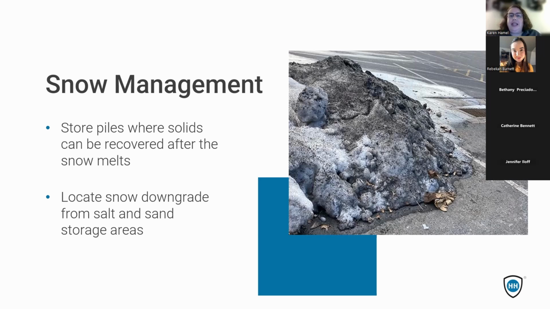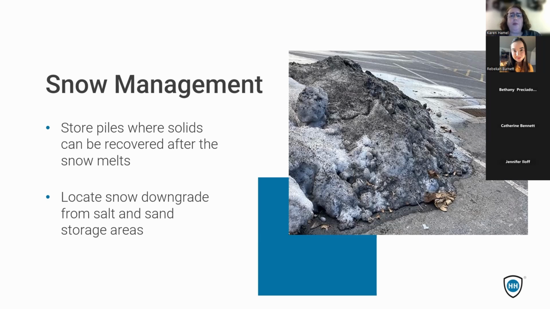In this case, the snow is probably going to melt. And then what are we going to do with all of that particulate that's there? Do we have a plan in place? Do we have a procedure to go out and sweep or vacuum that up so that it doesn't eventually migrate into that drain? If we can capture that pollutant on the pavement before it enters the drain, it's a lot easier than getting into the bottom of that drain and trying to muck all of that out.